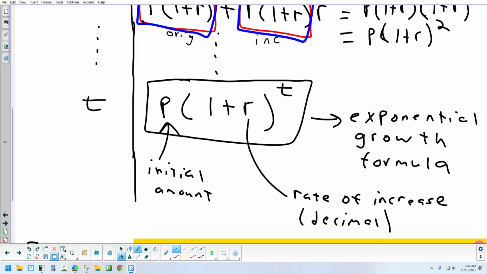R is the rate of increase. Make sure you change it to a decimal, so if R was 10%, you'd plug in 0.1. And T is the time that has gone by. It's usually the number of years or something like that.